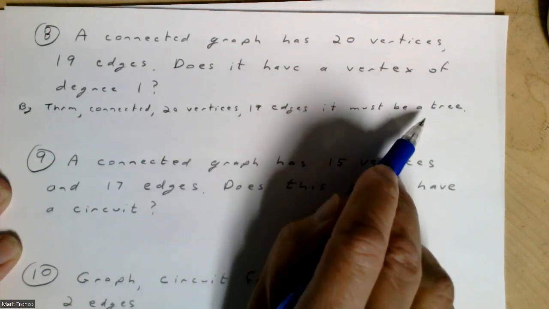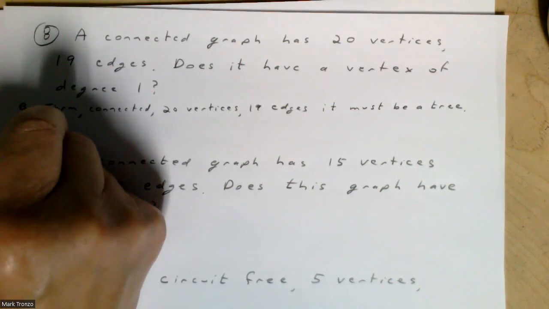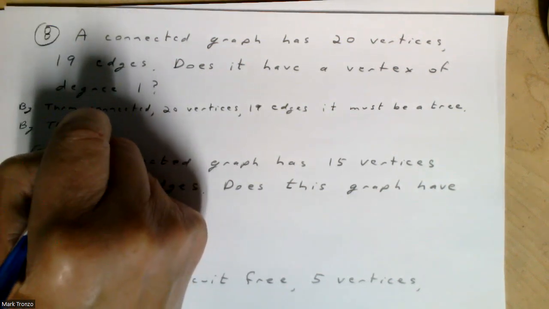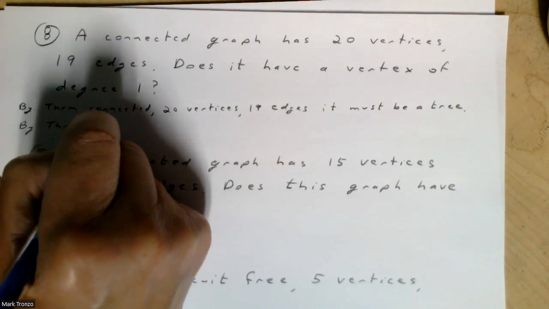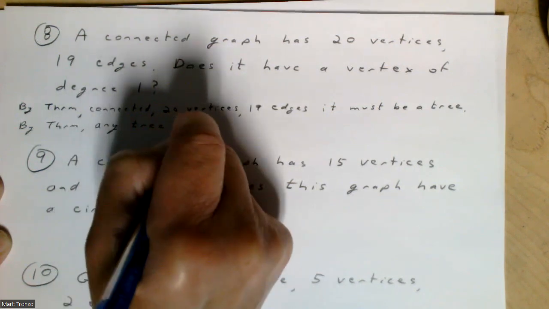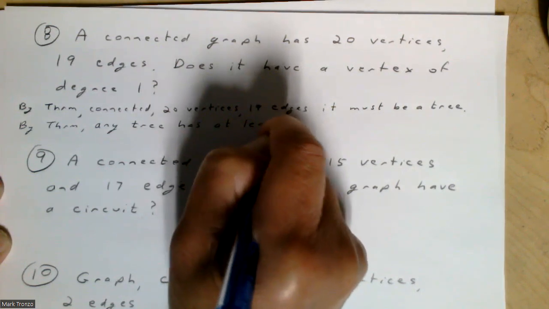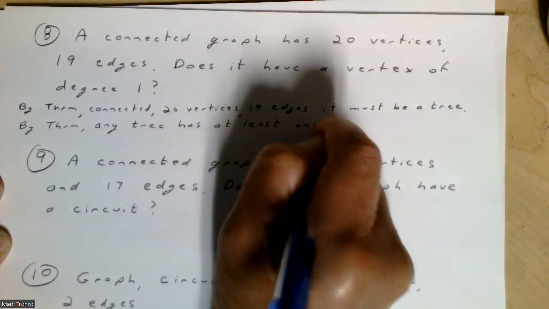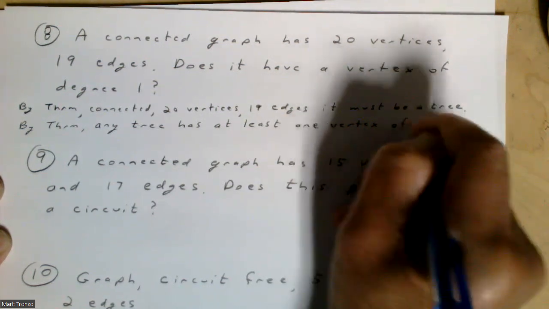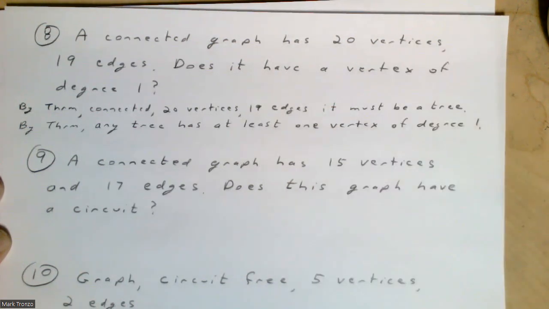And then once you've established it's a tree, we have another theorem. Remember, by theorem, any tree has at least one vertex of degree 1.